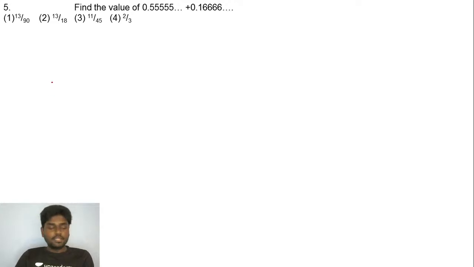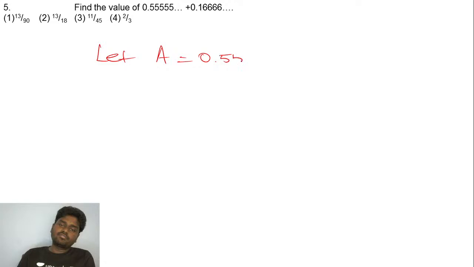So what we can simply do here, listen very carefully. It goes on, guys. You need to find the value of this. So what I simply do, let A is equal to 0.555, it goes on. How many 5s do you have? 5 5s, right?